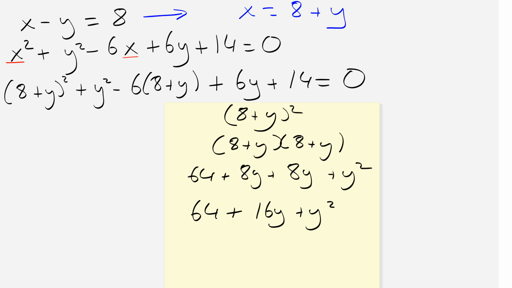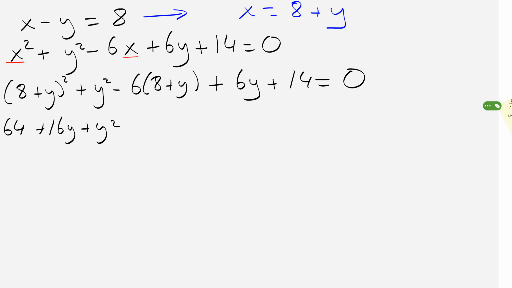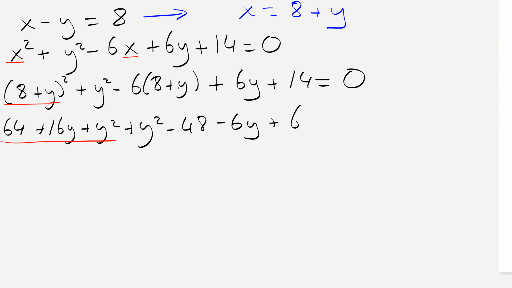So that's what I get for the first part here. 64 plus 16y plus y squared. So that was just the first bracket. So then I have my plus another y squared. And then you've got your minus 6 into the bracket. Leaves me minus 48 minus 6y. Then I have my plus 6y and my plus 14 equals 0.